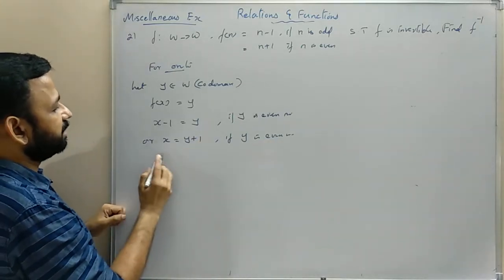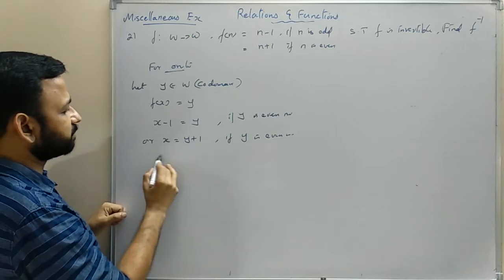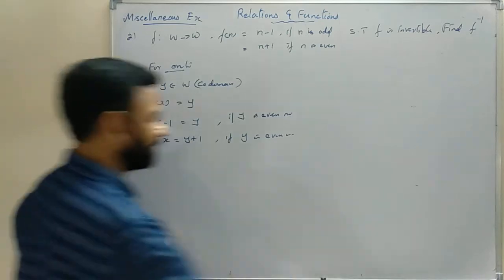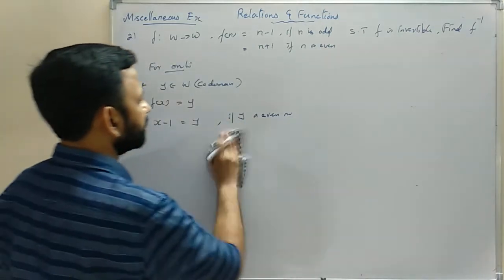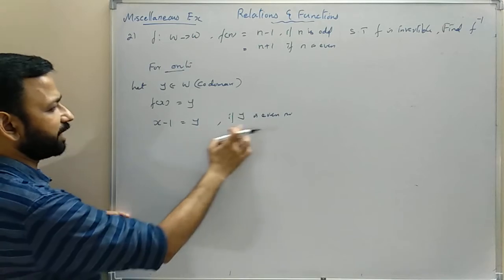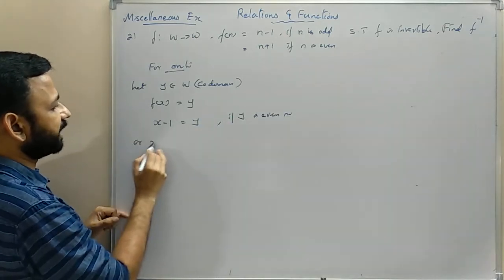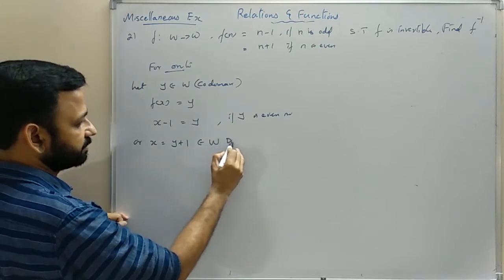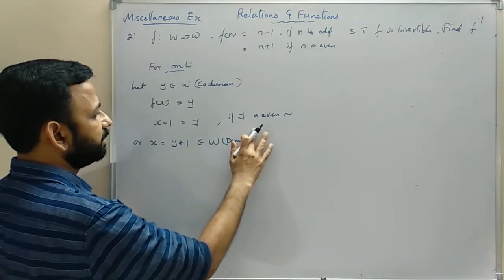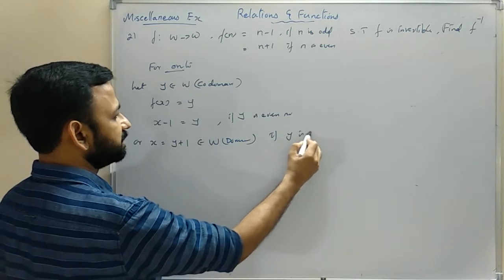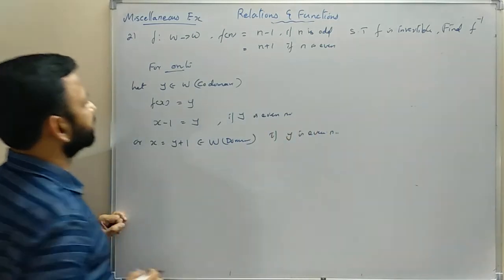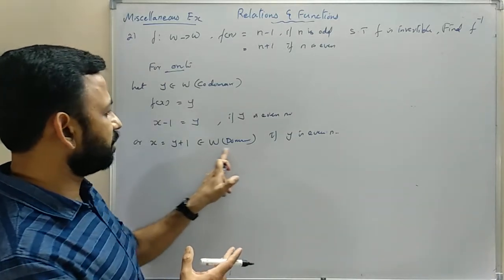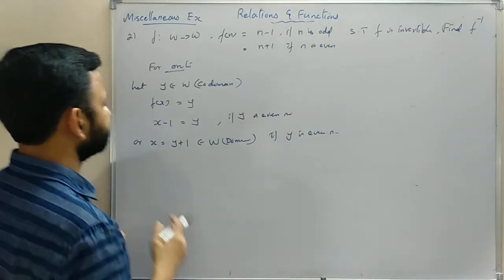So we can write x minus 1 is equal to y if y is even, or x is equal to y plus 1, which belongs to the domain if y is an even number. Then x is equal to y plus 1 belongs to the domain if y is an even number.